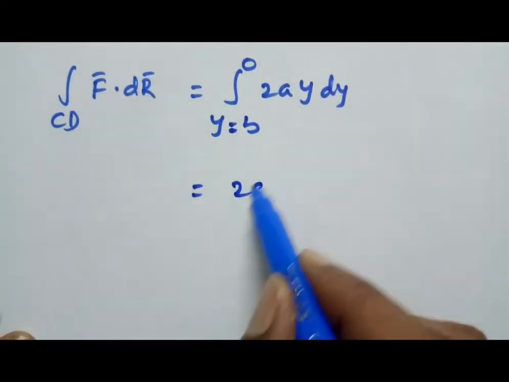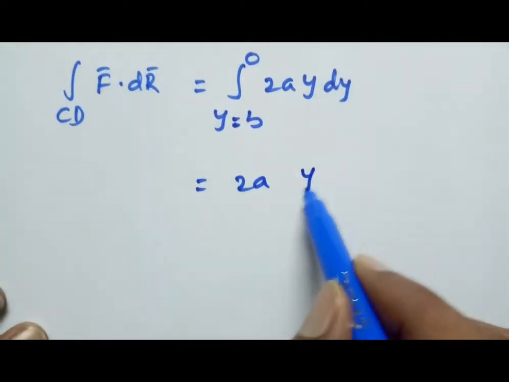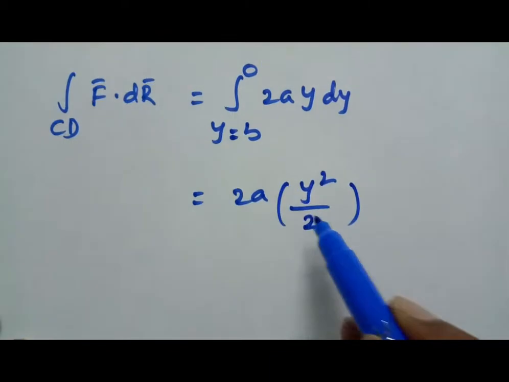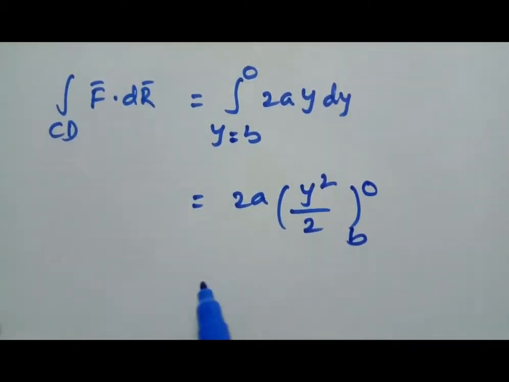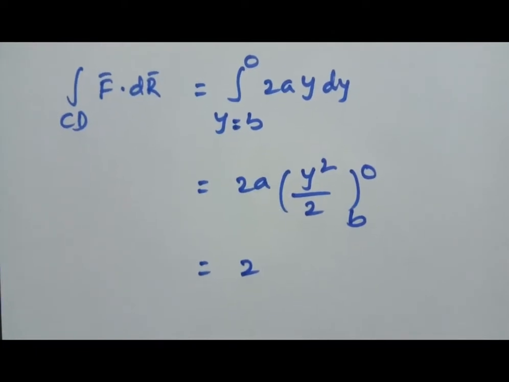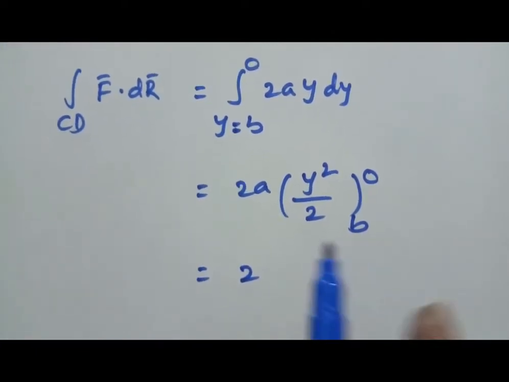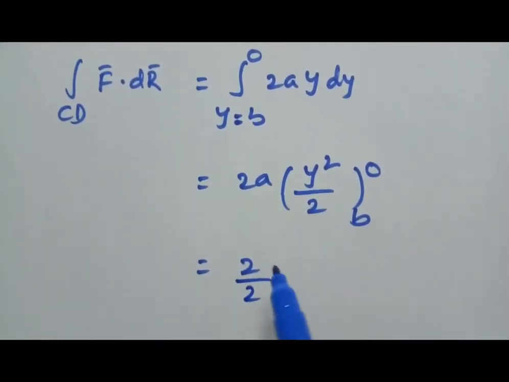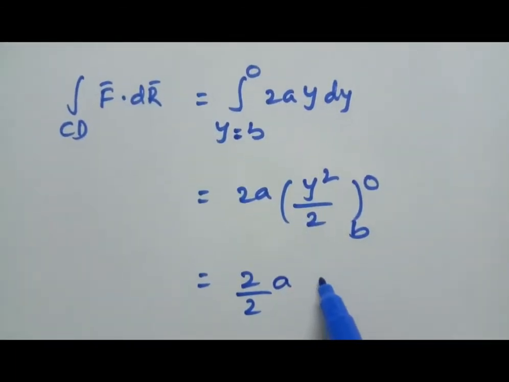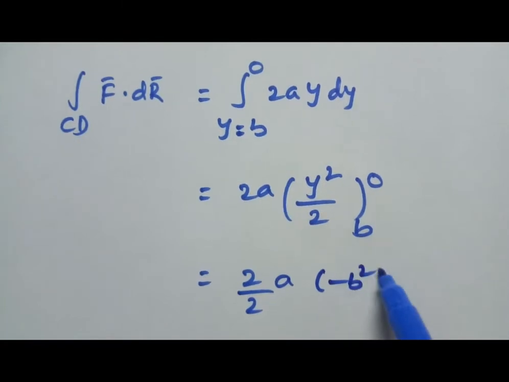Therefore, 2a constant, integration of y square by 2 limits b to 0. Therefore, the 2 cancels. A into upper limit 0 minus b square.